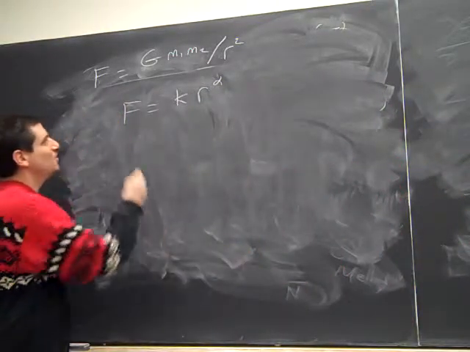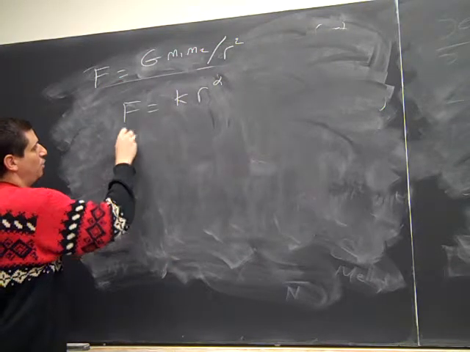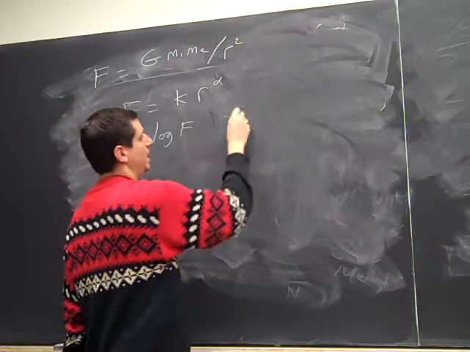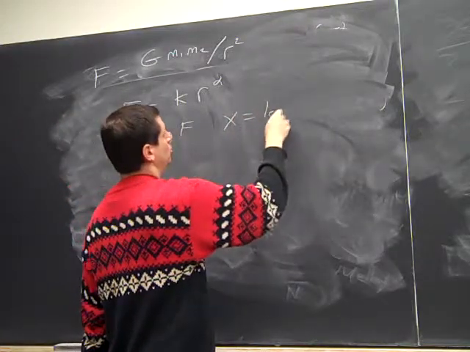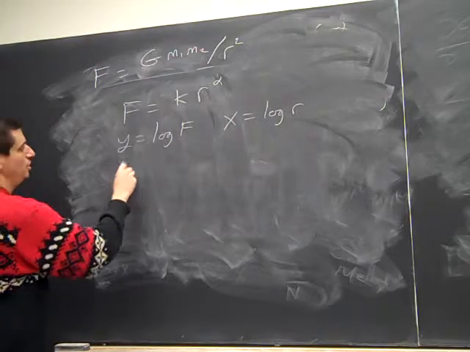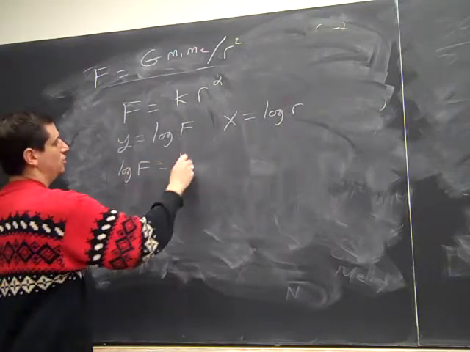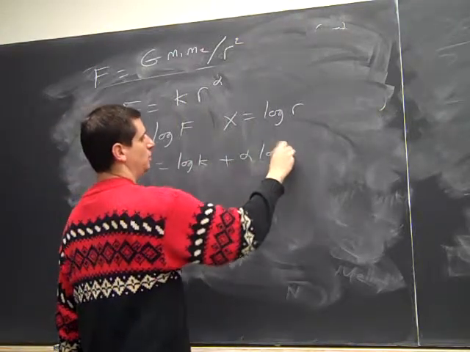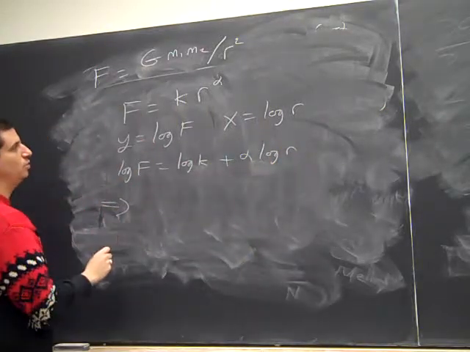So let's let y equal the log of f. Let's let x equal the log of r. If we take logs, we get the log of f is the log of k plus alpha log of r. What do we get?